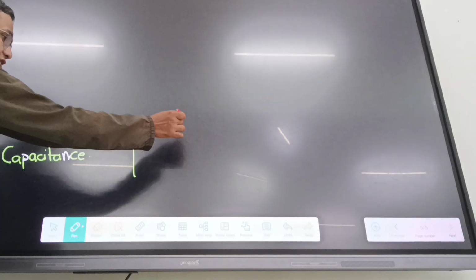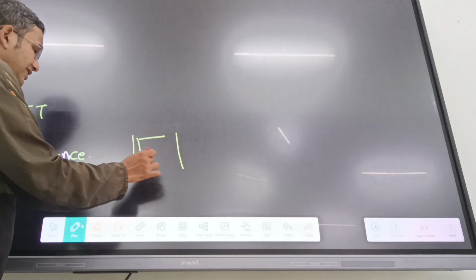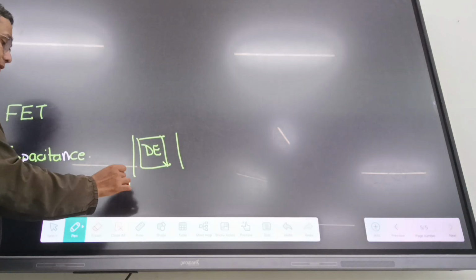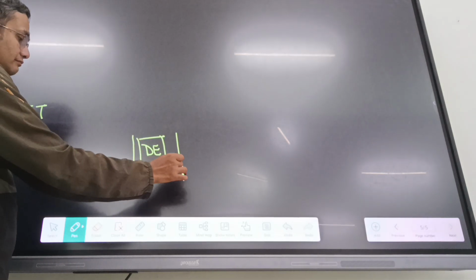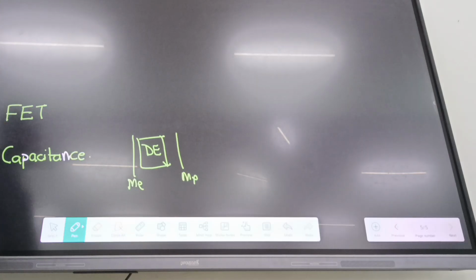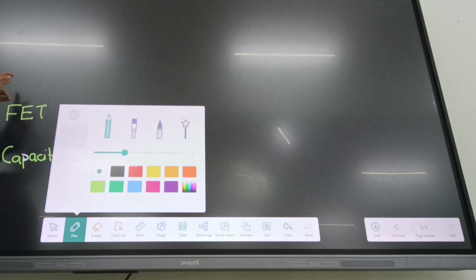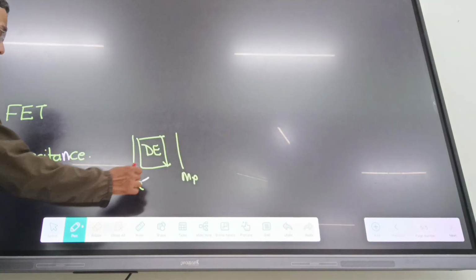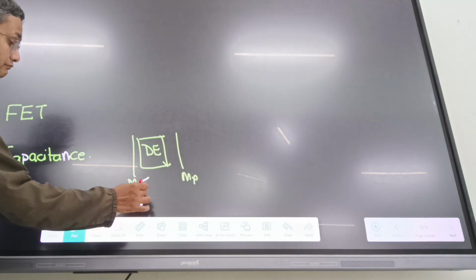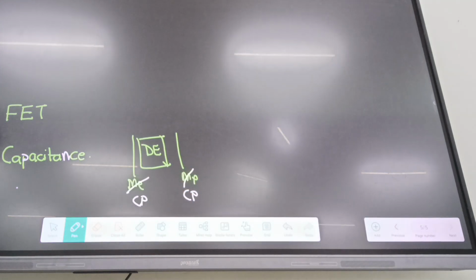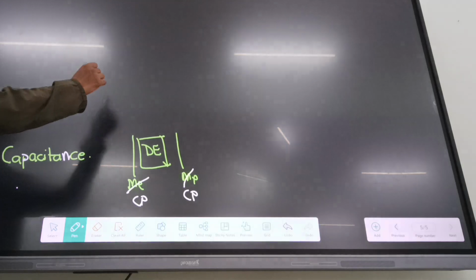Two conducting plates. So these are basically metals. Instead of using metals, we can easily replace them by conducting polymers, CP. Okay, and the same goes for FET.